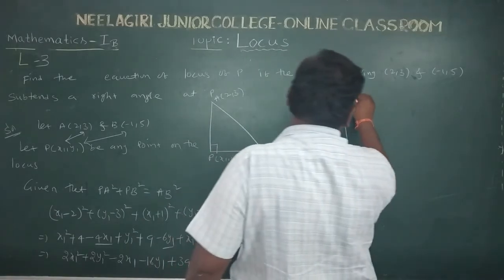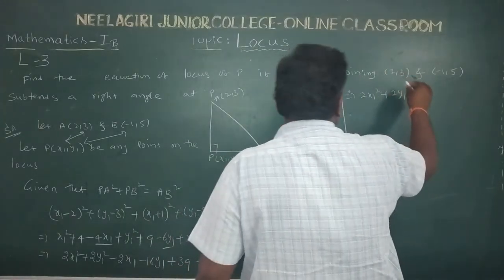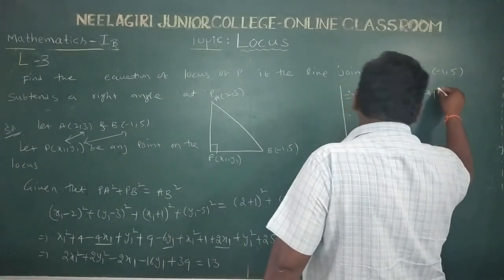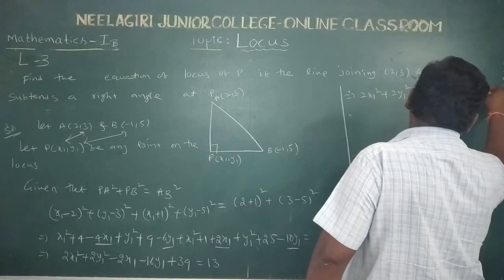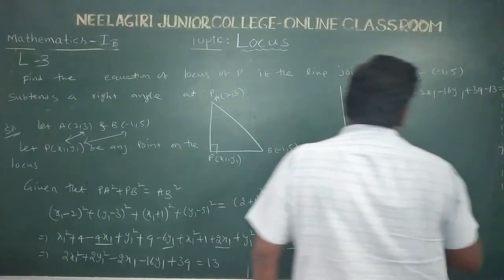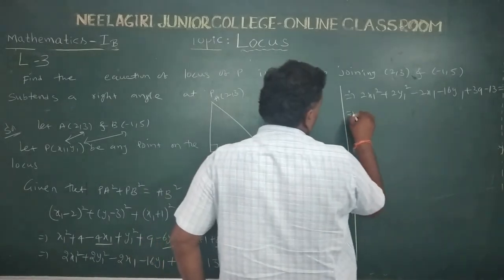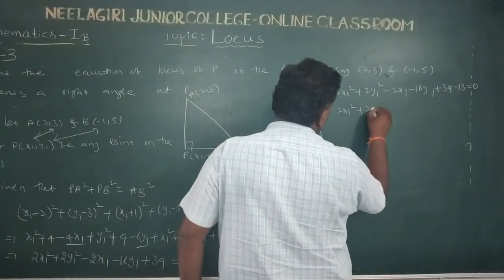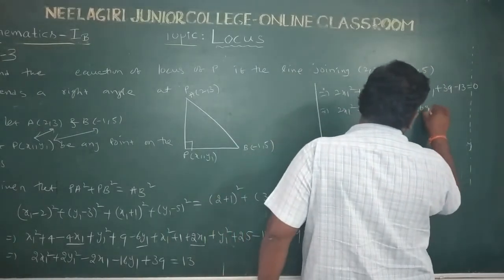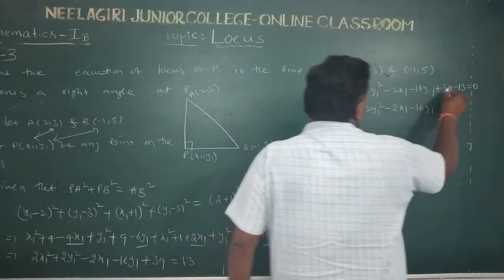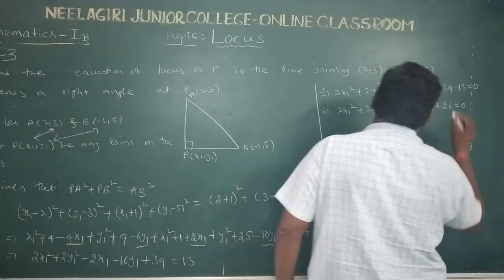Which implies 2x1 square plus 2y1 square minus 2x1 minus 16y1 plus 39 minus 13 is equal to 0. The sign is changed: 2x1 square plus 2y1 square minus 2x1 minus 16y1 plus 39 minus 13, that is plus 26, is equal to 0.